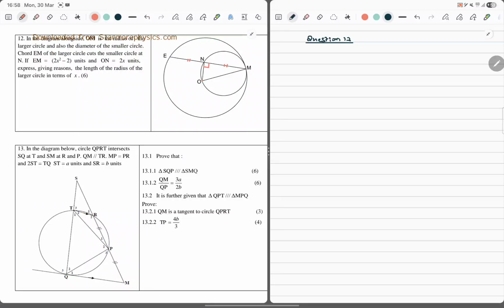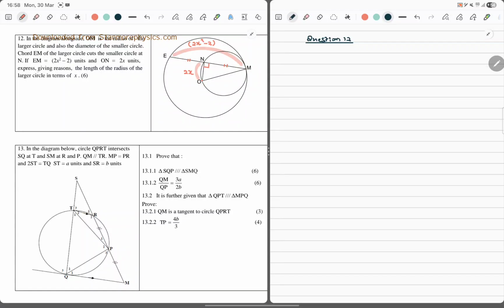Alright, now I told you that chord EM of the larger circle cuts the smaller circle at N. If EM is 2x squared minus 2 units, so we have information that this is itself 2x squared minus 2 units, and ON is 2x. Okay, ON is 2x, right?